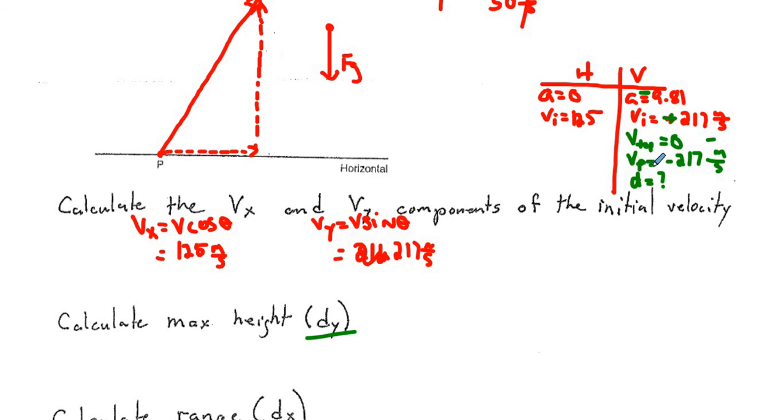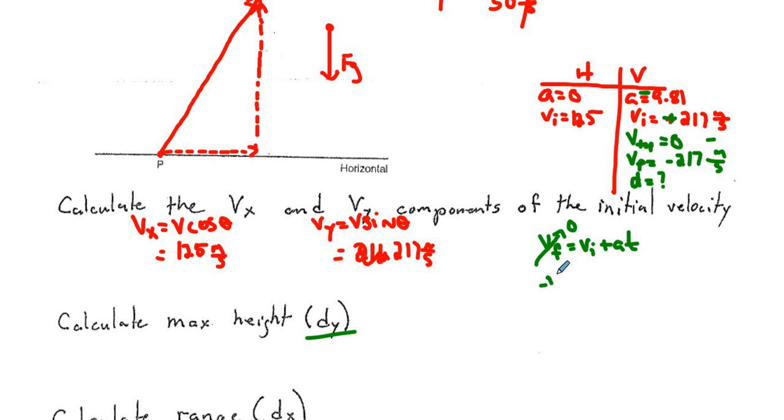I know a V at the top, so I'm going to call this my VF. I know a VI, and I know an A, and I'm looking for T to the top. So I could do VF equals VI plus AT. Since I'm finding the time to the top, my VF here is 0, the velocity at the top.